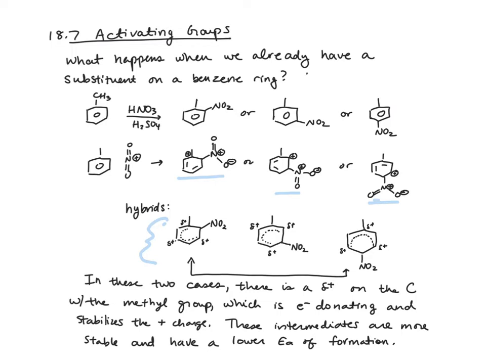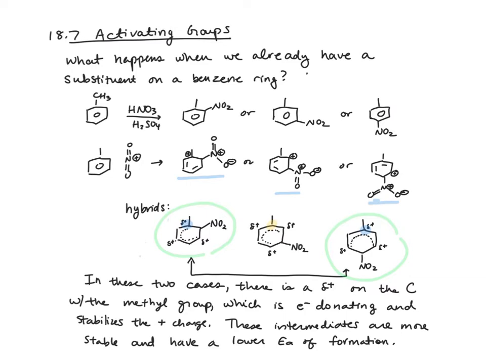In the first example, note that we've got a partial positive charge on the methyl group. And in the second case, we do not have a partial positive charge there. And in the third case, we do. So what this means is that in the first and second case, we have a lower energy of activation to form them, and that these are going to lead to our major products.